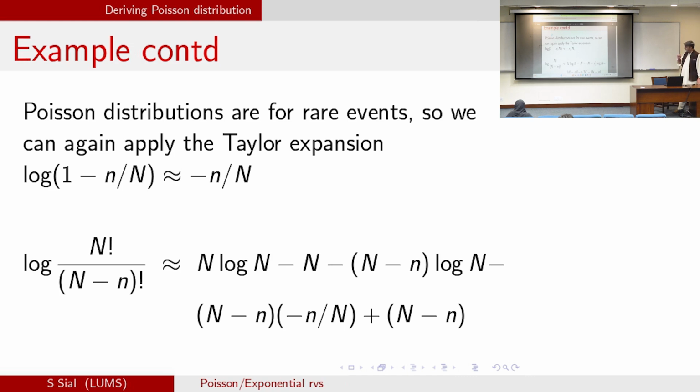These are rare events, at least on a small enough scale. So this small n is the number of actual successes, big N is the number of trials. So if the successes are very small, once again, remember we said logarithm of 1 minus x for x really, really small is equal to minus x, right? That was from the Taylor series.